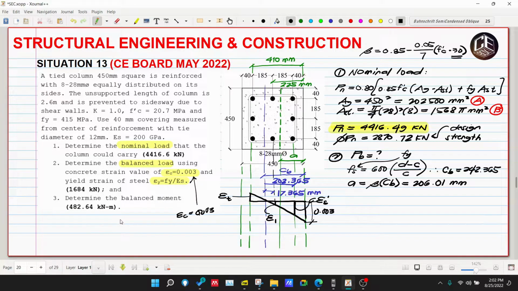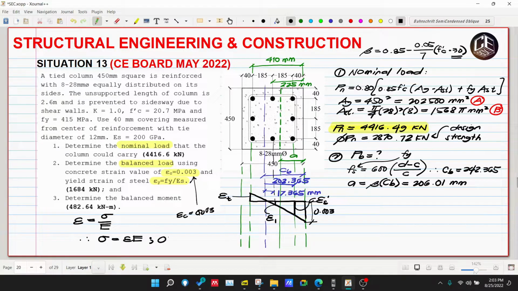So, balikan natin ang relationship ng strain sa stress or tensile stress saka sa modulus of elasticity. Diba, ang ating strain is equivalent to stress over E. Therefore, ang ating stress is equivalent to strain multiplied by modulus of elasticity.